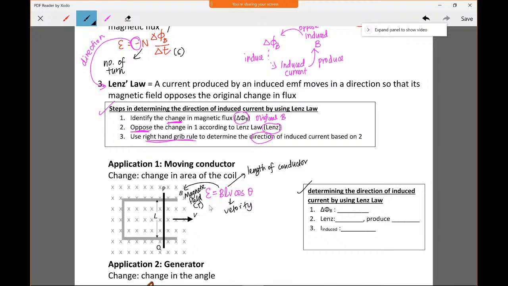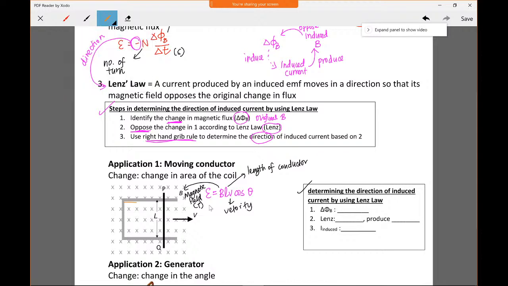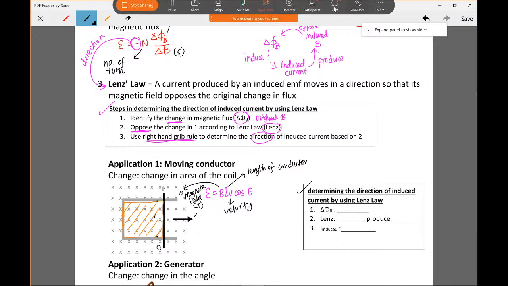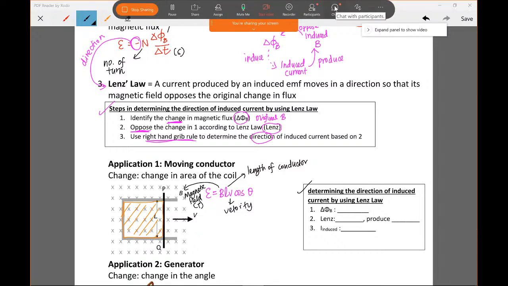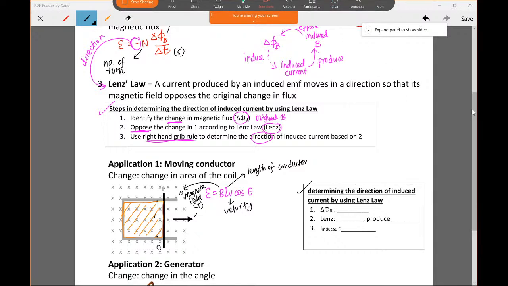Look at the diagram. This is the initial area before, yeah? The initial area. So when the conductor, the sound is not clear.